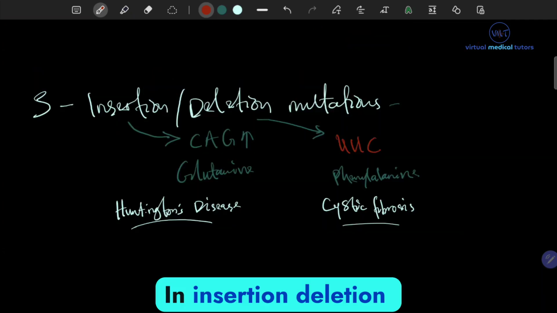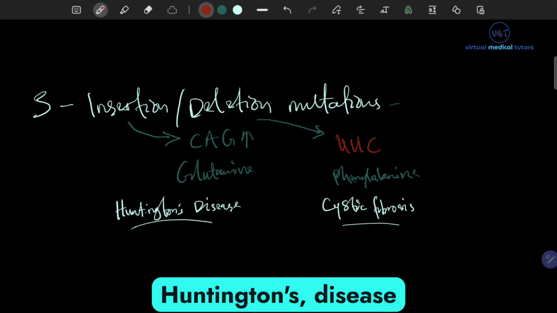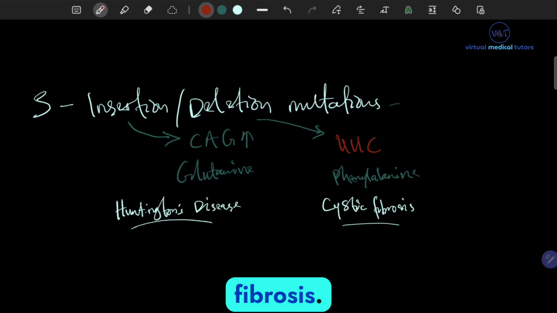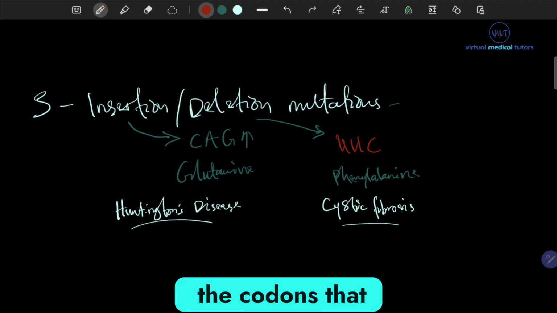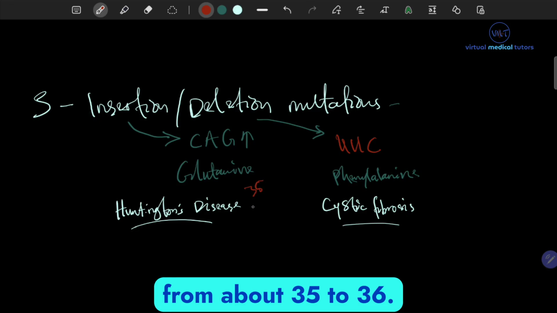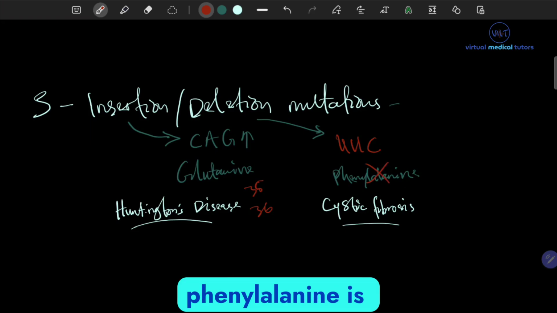In insertion deletion mutation, there's either an increase of amino acid sequence, as seen in Huntington's disease, or a decrease in the amount of amino acids, and results in symptoms of cystic fibrosis. In Huntington's disease, the codons that code for the amino acid glutamine increase from about 35 to 36, while in cystic fibrosis, the amino acid phenylalanine is deleted.